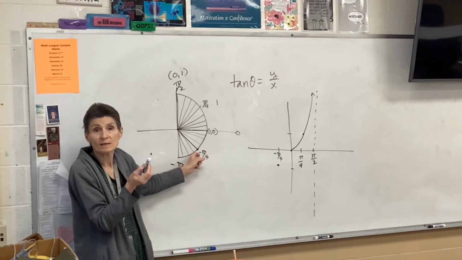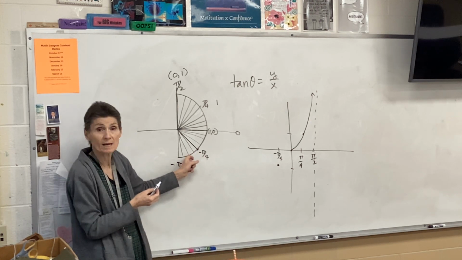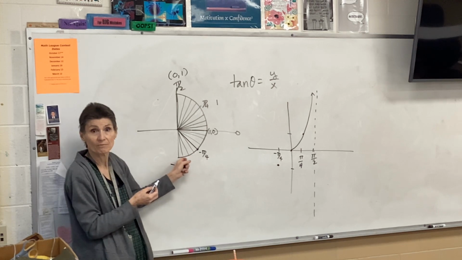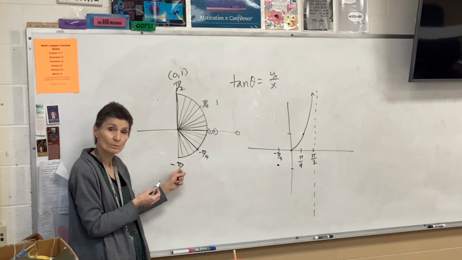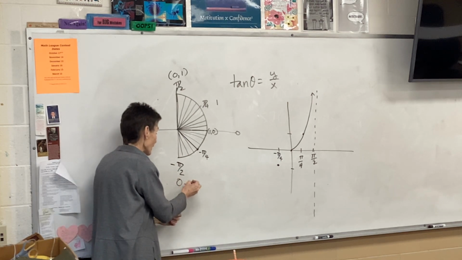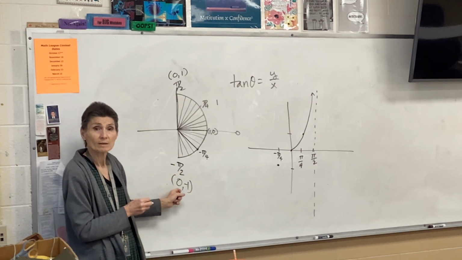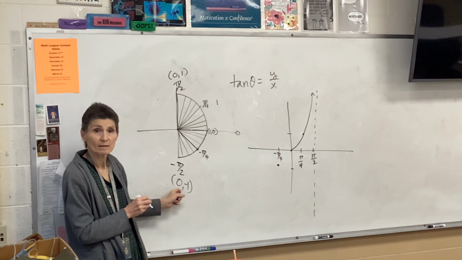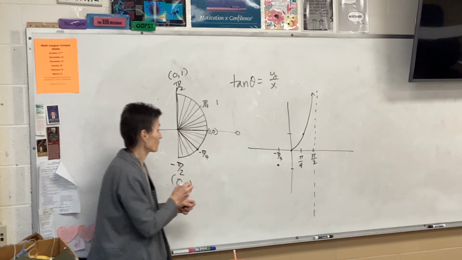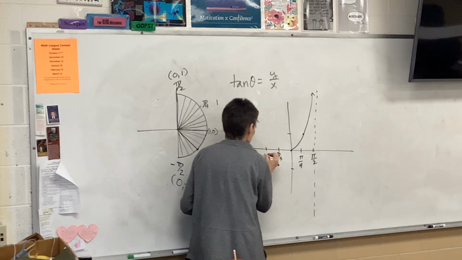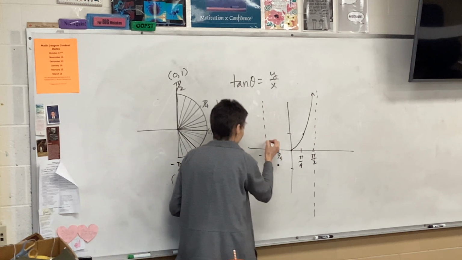Maybe this slope is -2, and this slope is -8, and this slope is -53. And then what happens at -π/2? Well, again, at -π/2, the tangent is undefined. The slope is undefined. That's a vertical line. So there's an asymptote at -π/2.